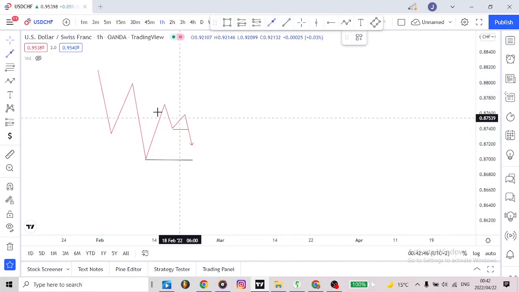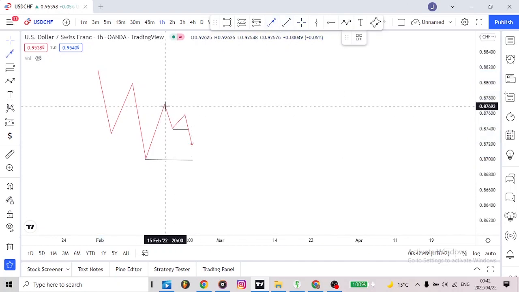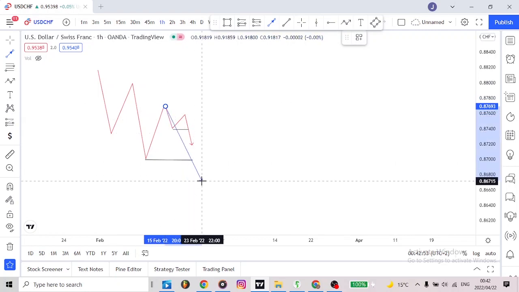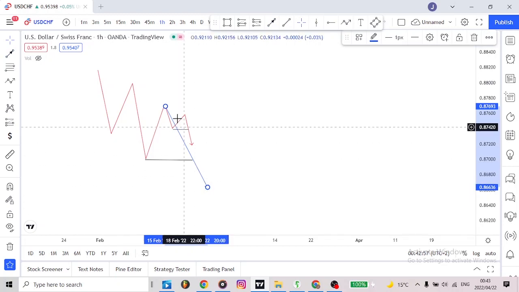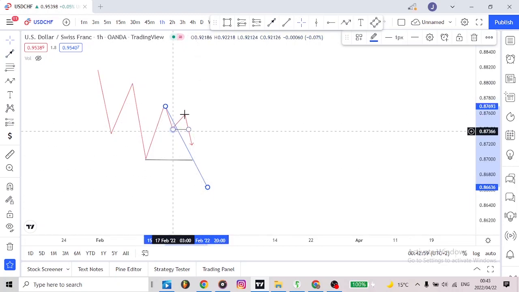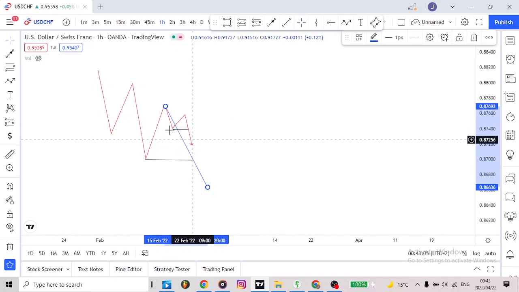So we must see something like this. The market must move from this point all the way to the downside. Now that is a break of structure. This here is a break of structure of the internal structure that is happening within, so we cannot call this a major break of structure.